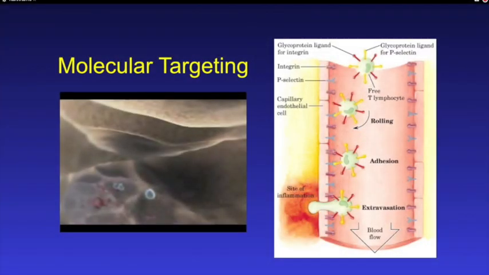So if we take a look at this particular leukocyte as it's rolling down, if there is inflammation or an infection, what's going to happen is signaling molecules are given out. Those signaling molecules, as this rolls in, will increase the binding between the lectin and the sugars to make a strong interaction.